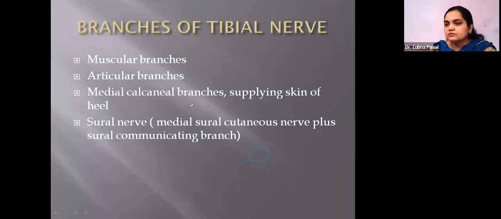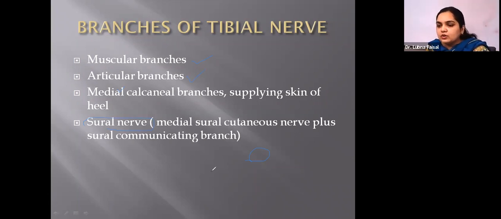These are the branches of the tibial nerve: muscular branches to the muscles of the posterior compartment, articular branches to the knee joint. The medial calcaneal branch is the cutaneous branch that supplies skin of the heel. Sural nerve. And terminal branches are two in number: the medial plantar and lateral plantar.